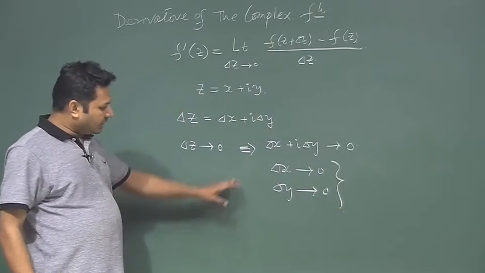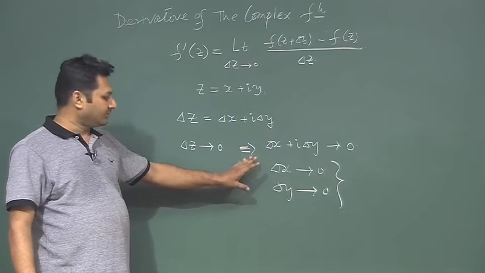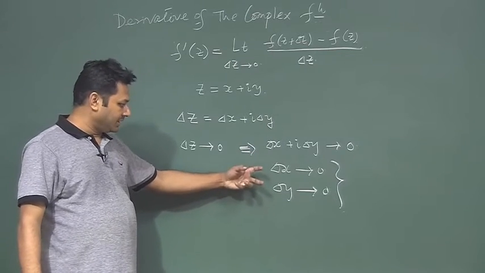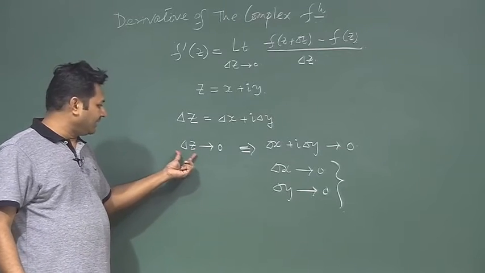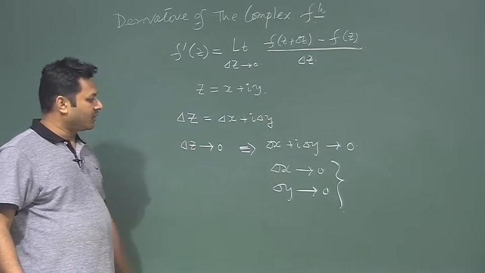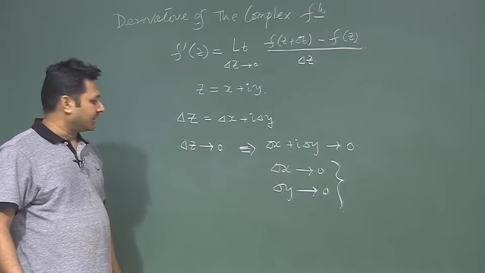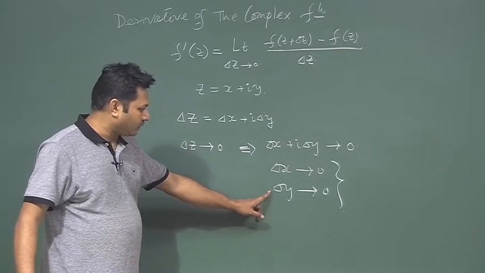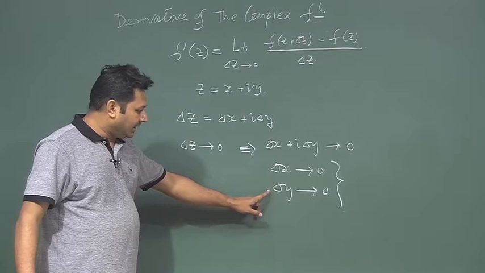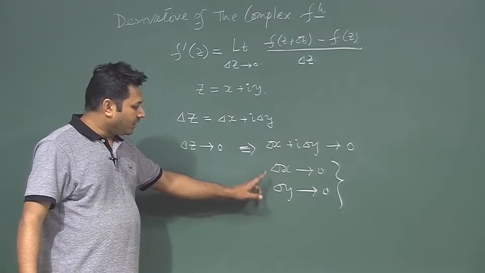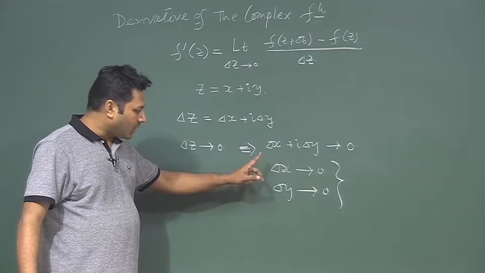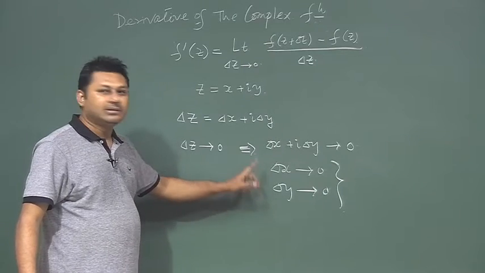So, now the same question we are encountering repeatedly: if delta z tends to 0, or z tends to some particular point, what should be my approach here? Here we are having a similar kind of problem. Delta x and delta y both are going to 0. So, I want to find out how many ways they can go to 0.